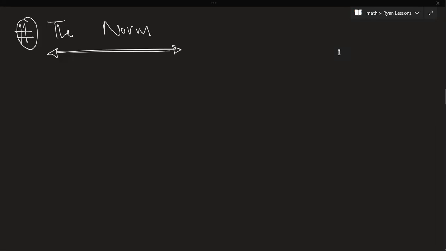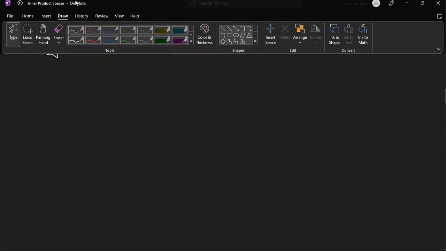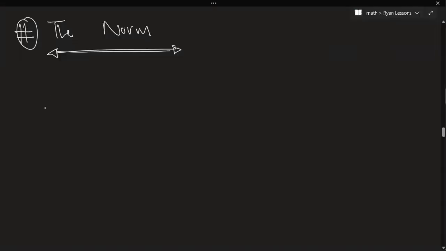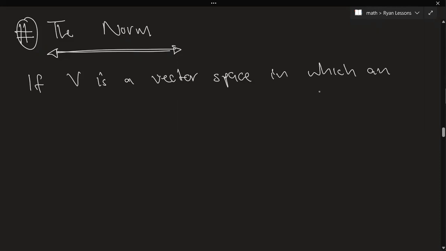So if V is a vector space in which an inner product has been defined.